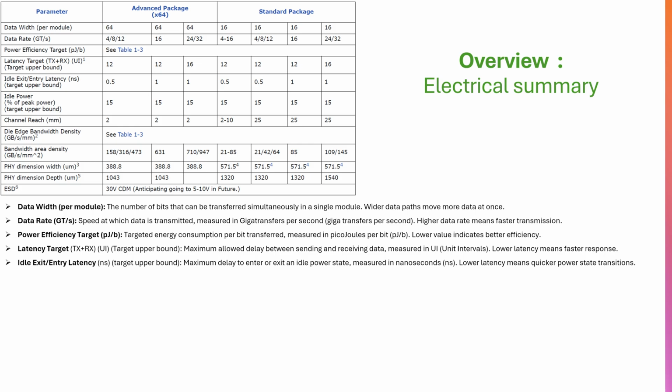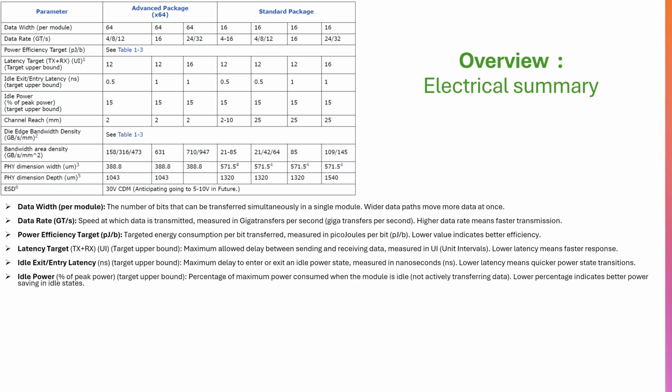Of course, the unit is nanoseconds, so low latency is naturally preferred. Then what is idle power? The percentage of maximum power consumed when the module is idle. A lower percentage indicates better power saving in idle states.